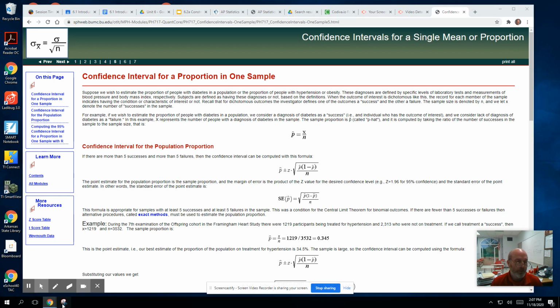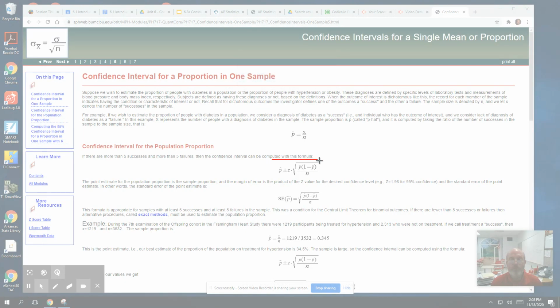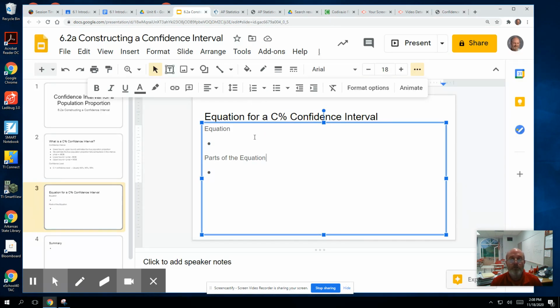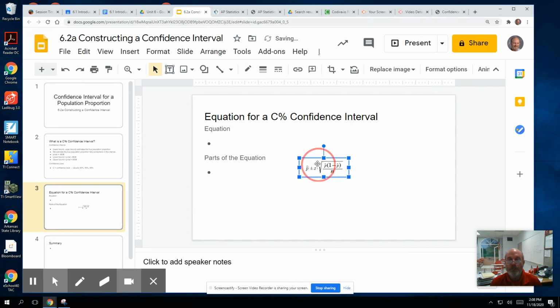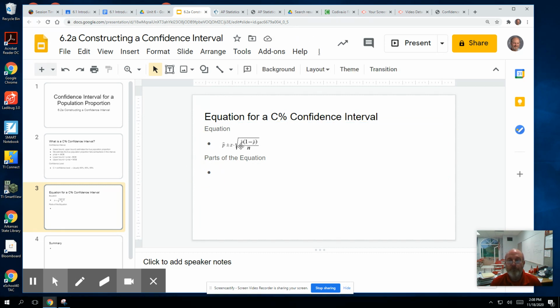Here we go. This is going to be the equation. The equation for a C% confidence interval for a population proportion is going to be your p hat, that's your sample proportion, plus or minus the z.